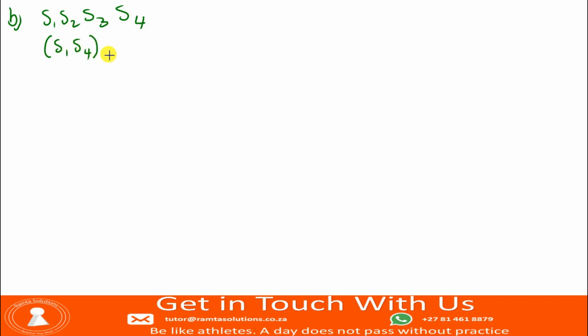So how we can arrange them is the eldest can sit on the left and the youngest on the right, or the youngest can sit on the left and the eldest on the right.